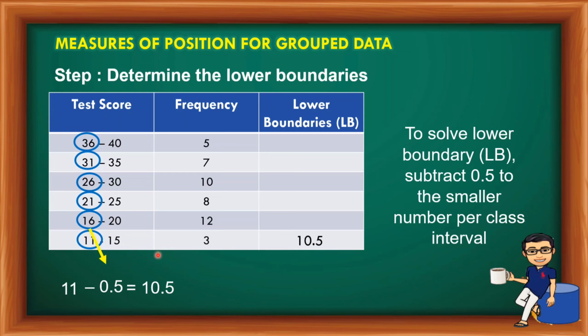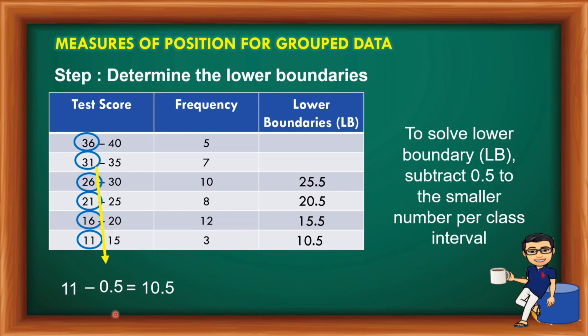Next, sa 16 naman. Okay, 16 minus 5/10. Answer is 15 and 5/10. Sa 21, minus 5/10. The answer is 20 and 5/10. Sa 26, 26 minus 5/10. The answer is 25 and 5/10. So 31.